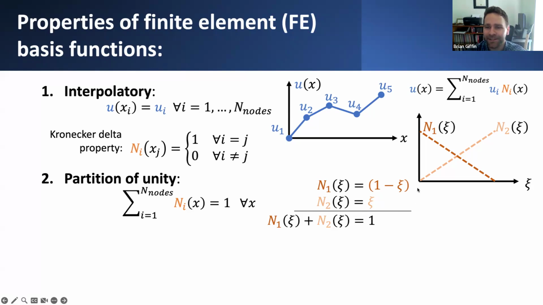You can see that by looking at just the two shape functions associated with the two nodes terminating a given element. If you sum those shape functions together, the minus ξ cancels with ξ and you just get 1. So N1 plus N2 is equal to 1 at all possible values of ξ ranging from 0 to 1. So that's the partition of unity property. That ensures a few other nice benefits of finite element basis functions, but those are in the details, so we won't belabor that. It's a good thing to know that all the basis functions sum to 1.